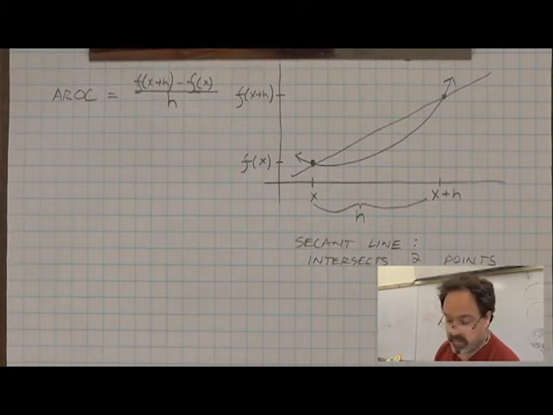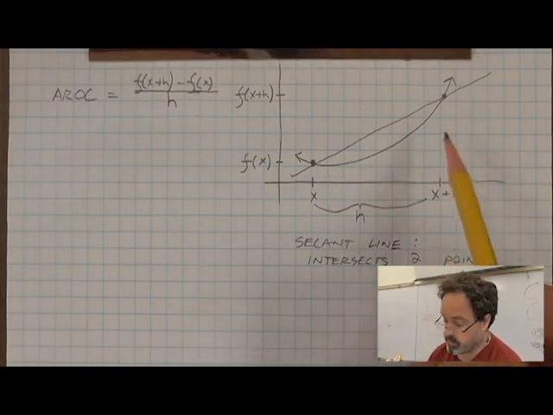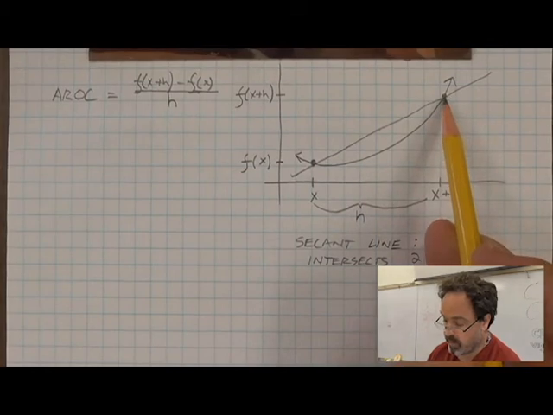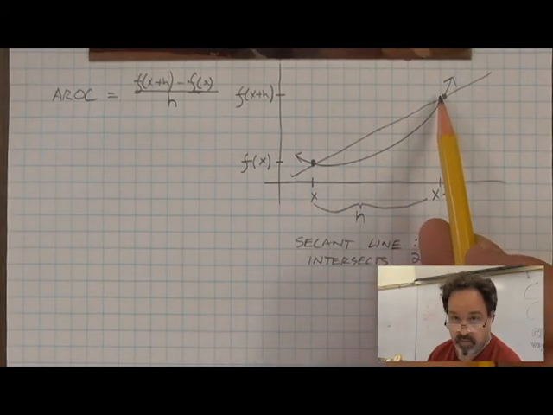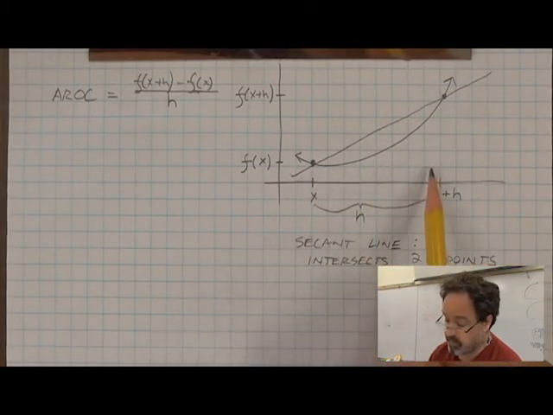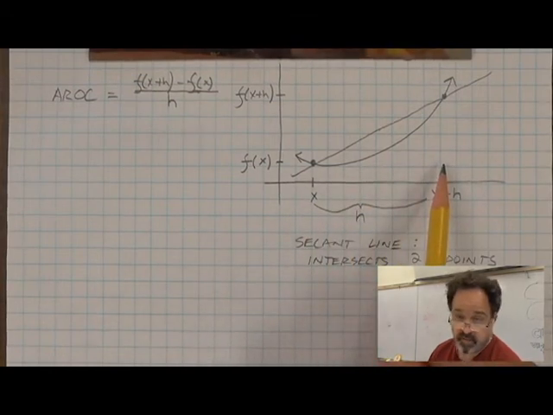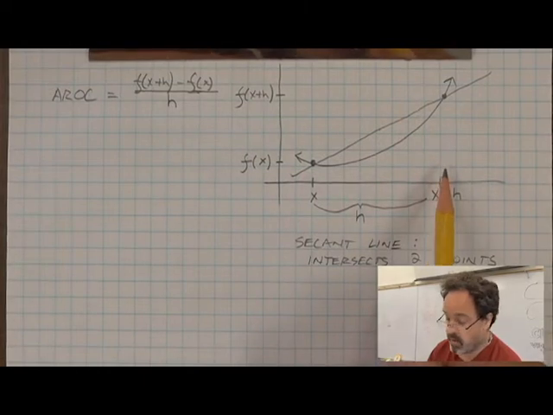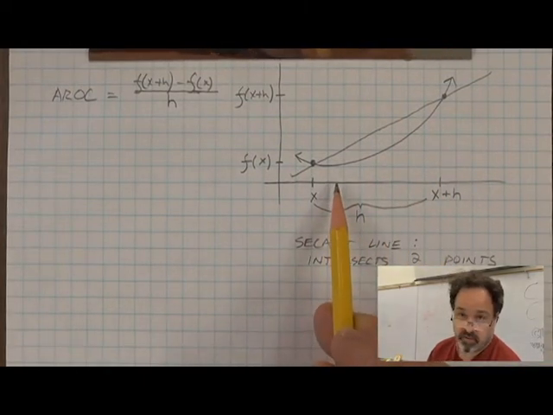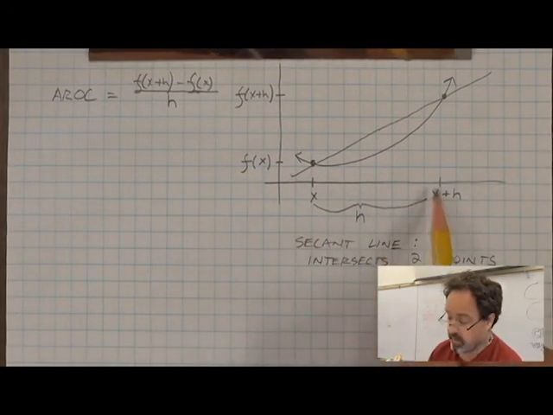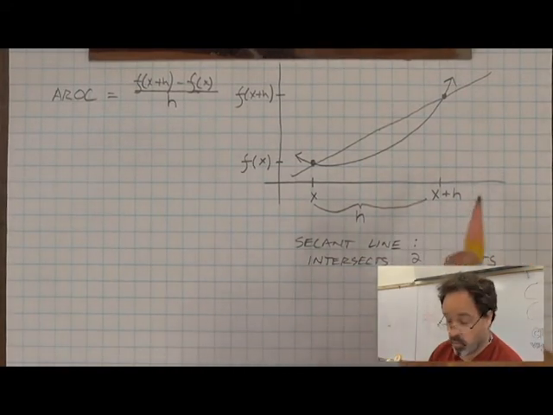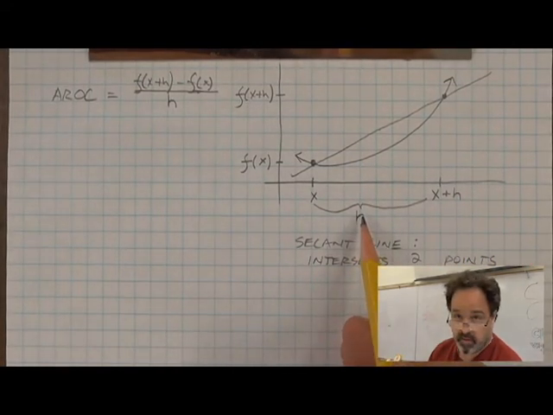So where do we get instantaneous rate of change? Well, in this presentation, we have, of course, 2 points, and the horizontal distance between those 2 points is h. The h is a variable, so we can imagine reducing h. H can get less than what we've presented here.